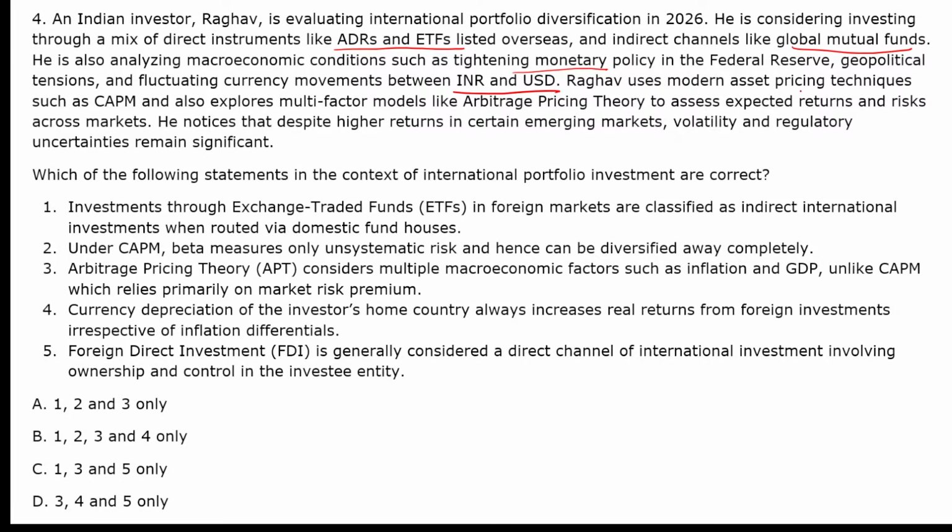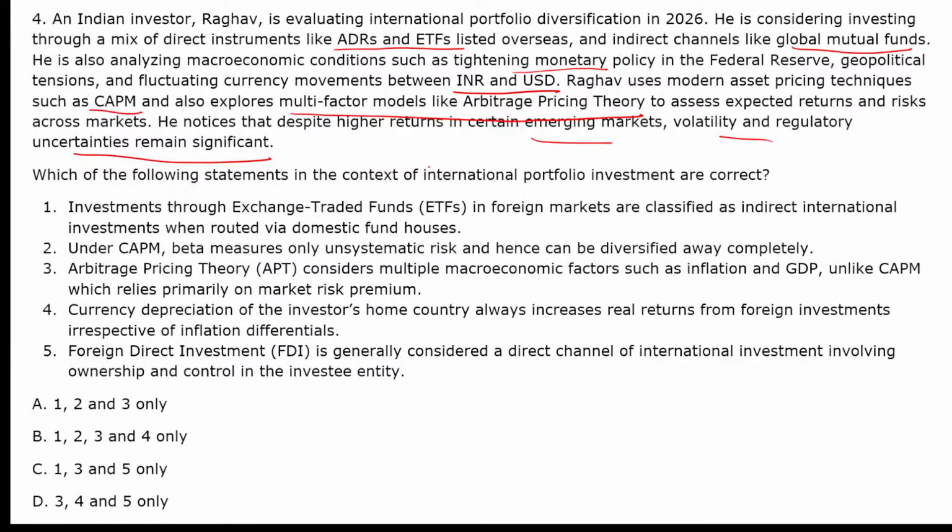Raghav uses modern asset pricing techniques such as CAPM and also explores multi-factor models like arbitrage pricing theory to assess expected returns and risk across markets. He notices that despite higher returns in certain emerging markets, volatility and regulatory uncertainties remain significant.